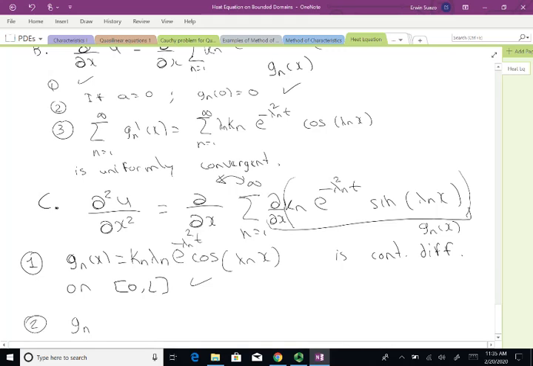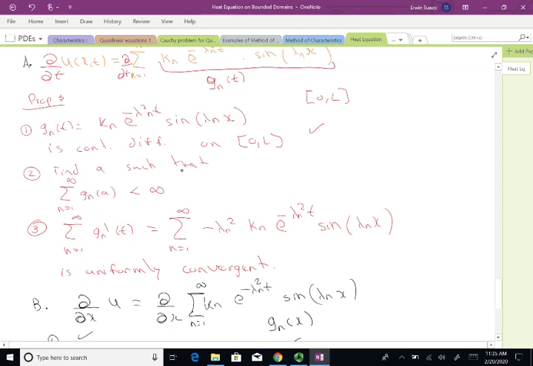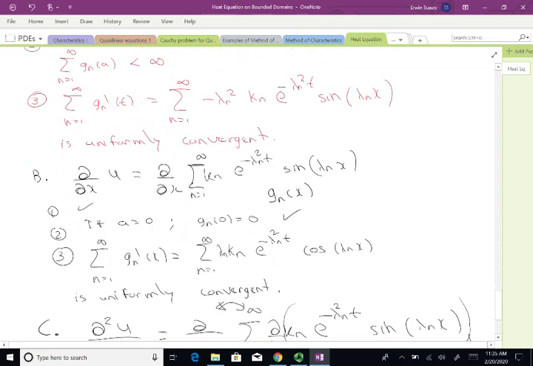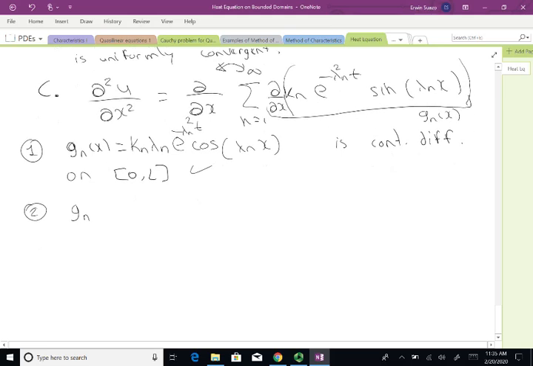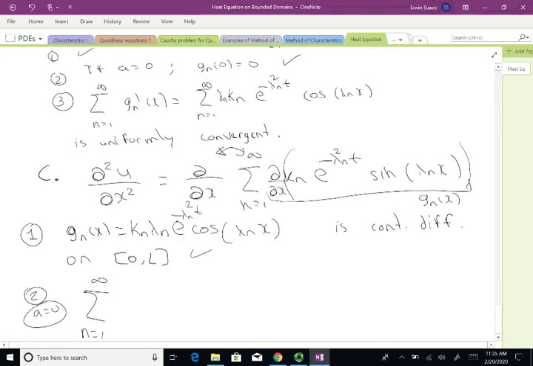Second part, I need to find an A such that g_n of A is less than infinity. So again here, for my sum n equals 1 to infinity, I'm going to choose A equals 0.